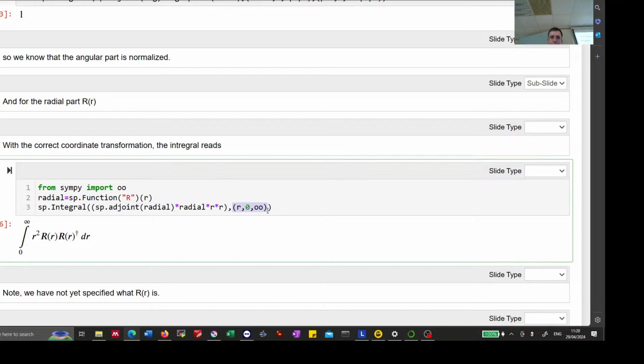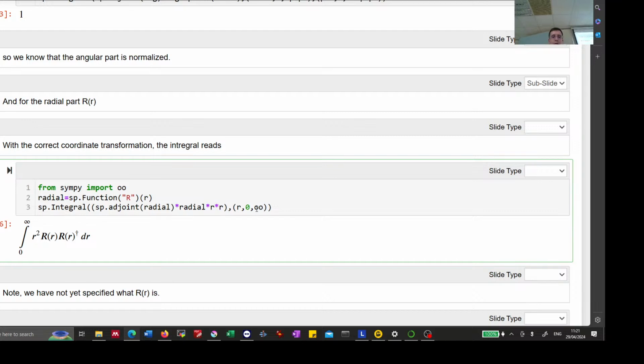And I set the integration over r from 0 to infinity. Right? Remember, the two O's here are infinity. And also do not forget to multiply by the r squared term that comes from the change of coordinate system from Cartesian to spherical.